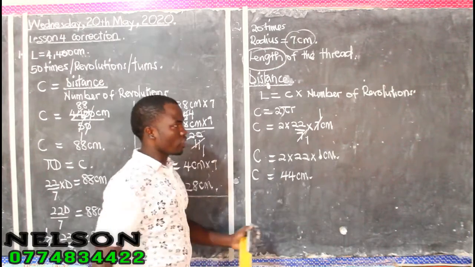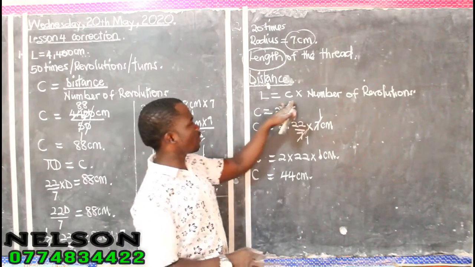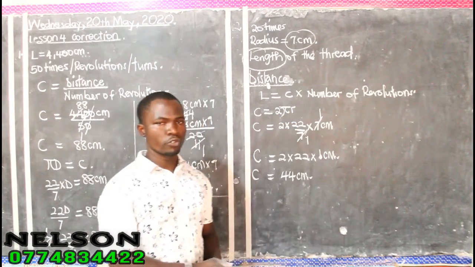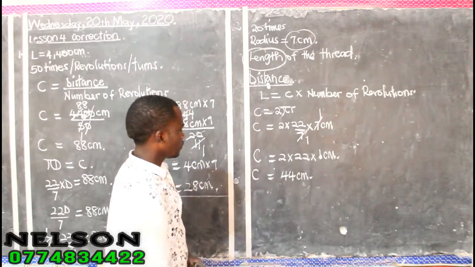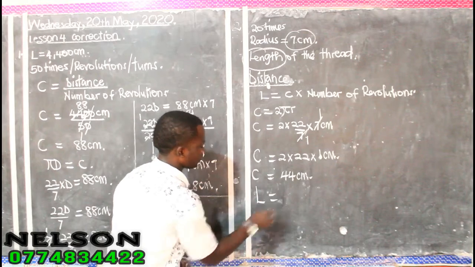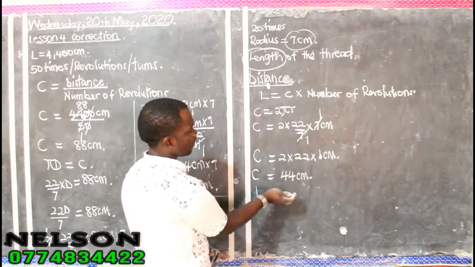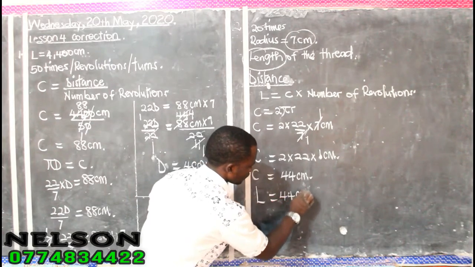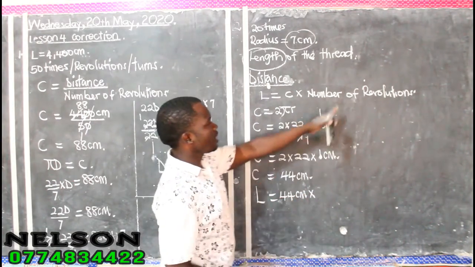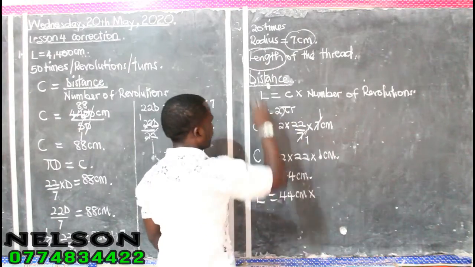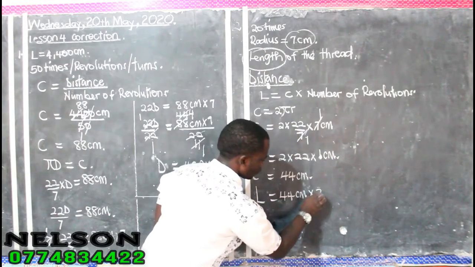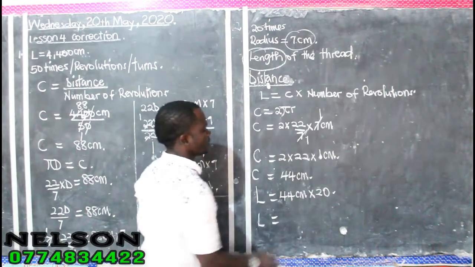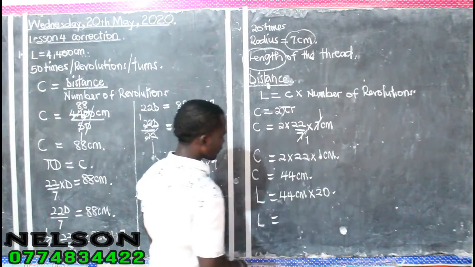Let's get back to our formula of length. Length equals circumference times number of revolutions. We have the circumference, it is 44 centimeters times the number of revolutions which we have as 20.